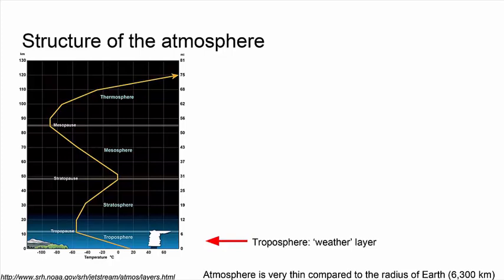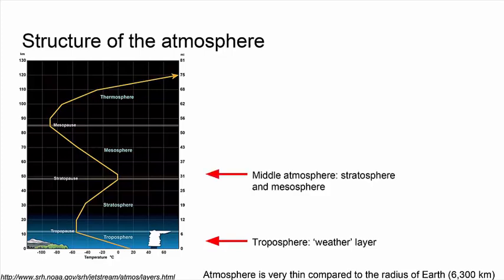This is where all the weather happens; the cloud tops only get up to 10 kilometers. Right under here is usually the level that planes fly at. This is showing temperature with respect to height, kilometers on the left, miles on the right-hand side, and you can see temperature decreases with height in the troposphere.